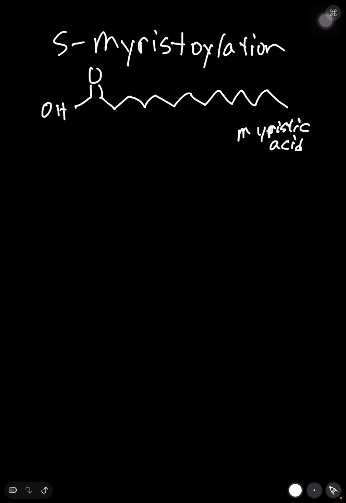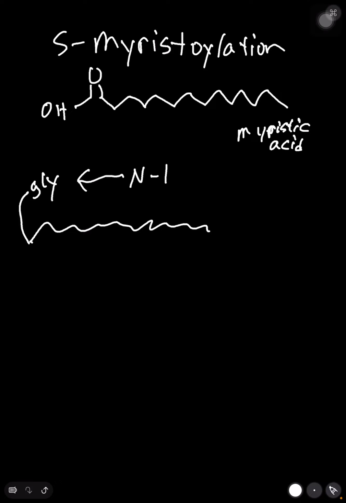So 2 fewer carbons, and then it's going to anchor itself to the integral protein, not by a cysteine residue, but a glycine. Specifically, a glycine at the N-terminus of your protein.